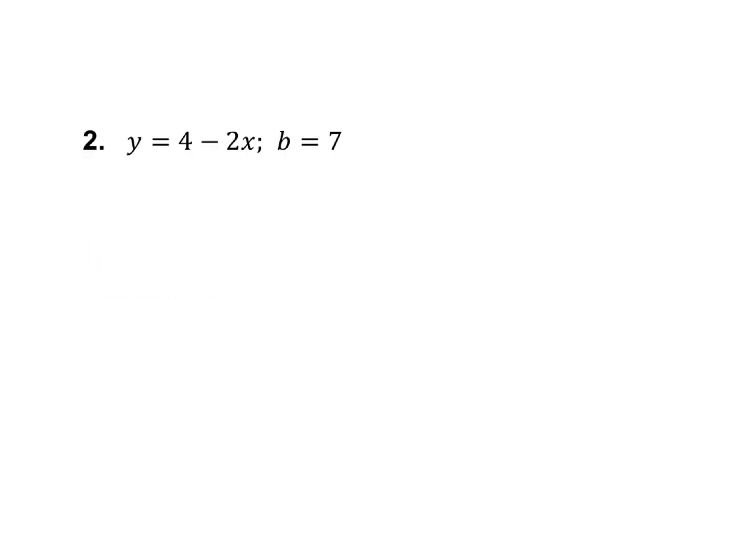All right, number 2. We're going to write an equation for a line that is perpendicular to this line right here, and it has a y-intercept of 7. The first thing we need to do is find the slope of the perpendicular line. So let's put perpendicular slope. The slope of this line, the one that was given, is -2.